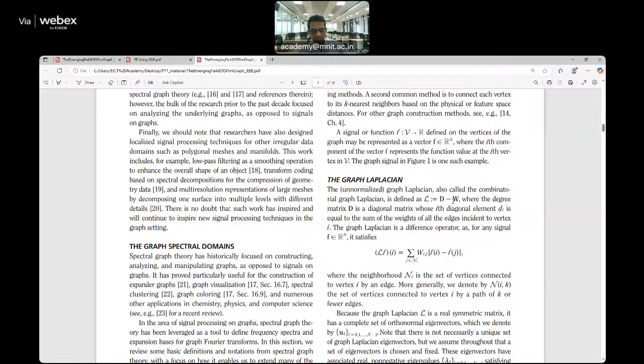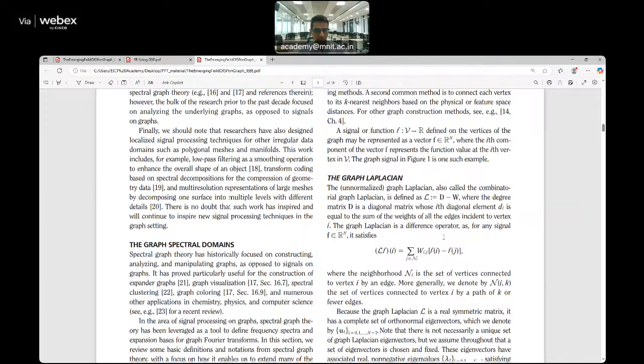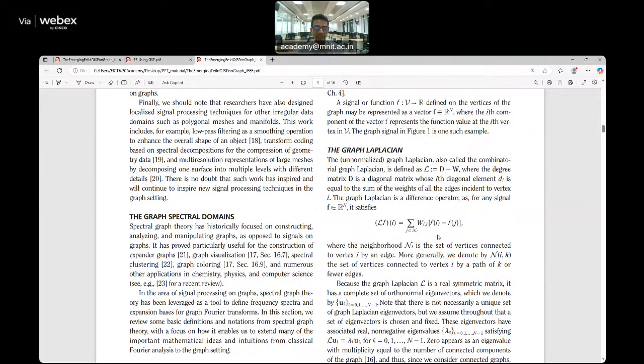You see D and W, both are in bold. Whenever you need to represent a matrix, it is represented in bold. L is also bold, D is also bold, W. That has been shown here. But remember, if you really see, the graph Laplacian is an operator for any signal. What type of operator?